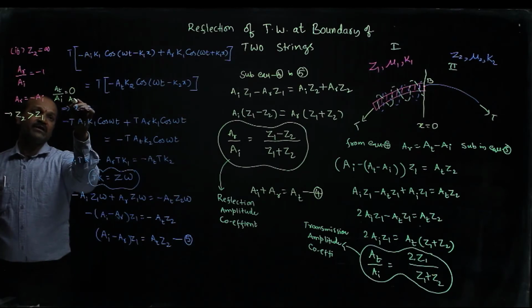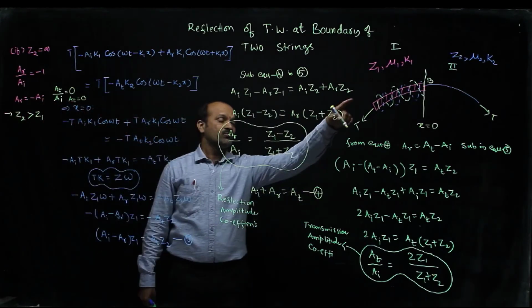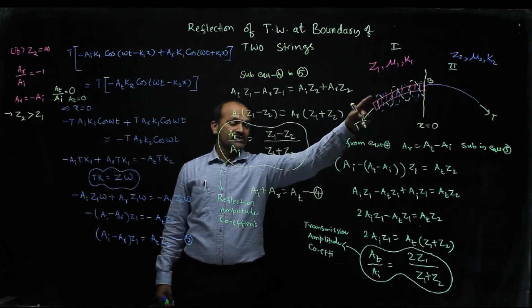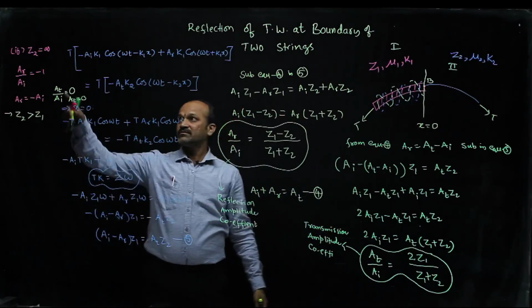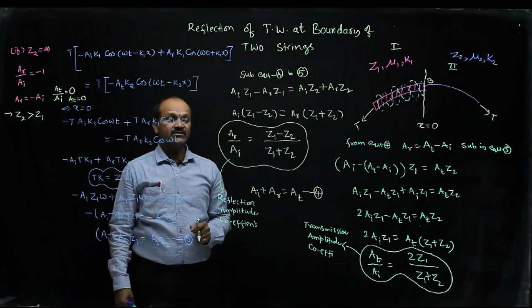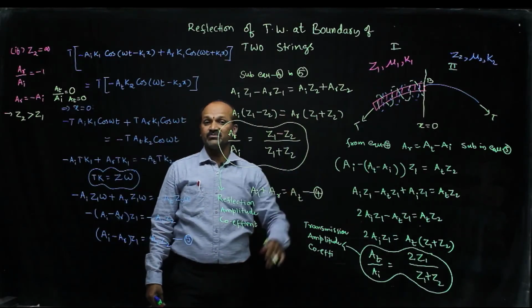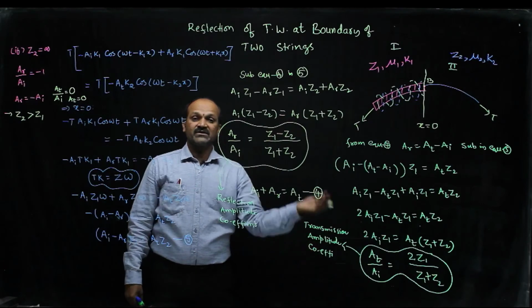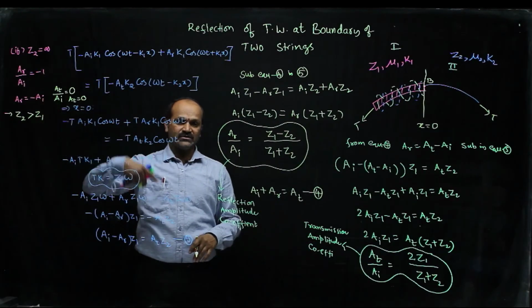That means AT is equal to 0. AT is 0 in the sense there is no wave in the second region when the impedance is infinite. Second material impedance is infinite, no wave will be propagated into it, no wave will be transmitted, the total incident wave is reflected back. So we got AR equal to minus AI, magnitude if you take the same.